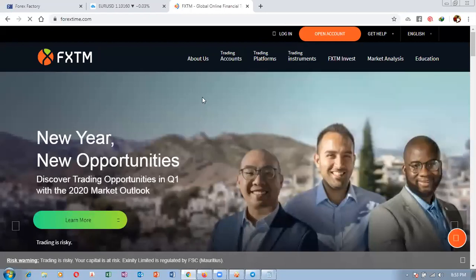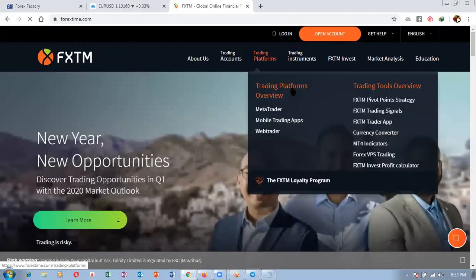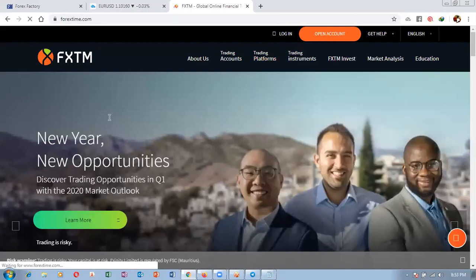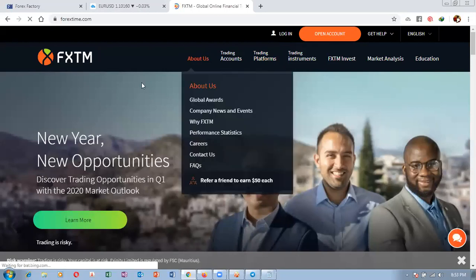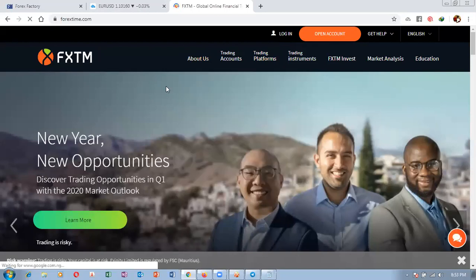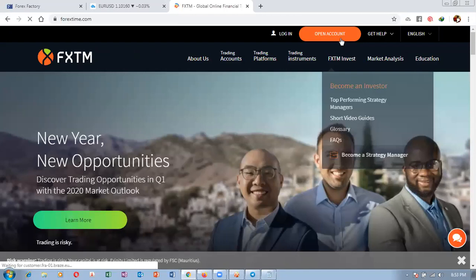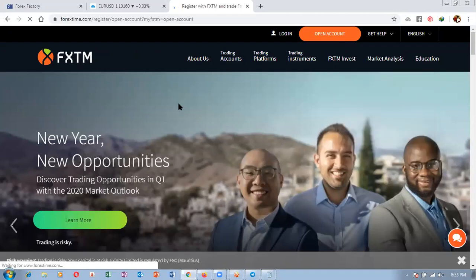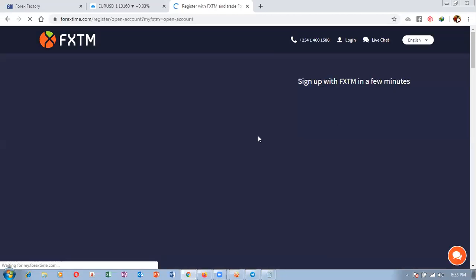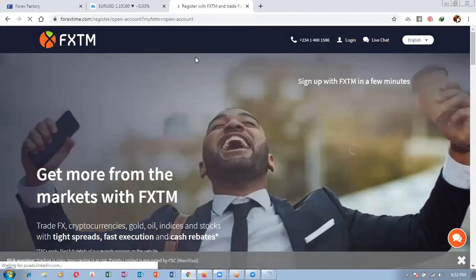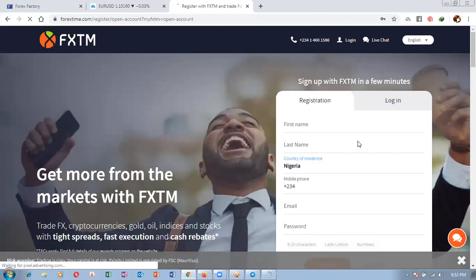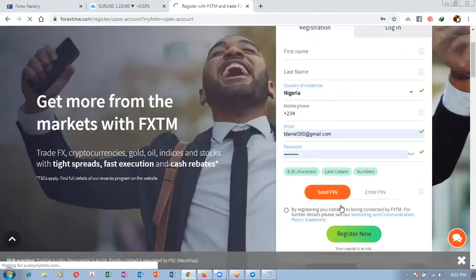This is what it looks like when you come into the financial market. Once you click on the link I sent to the group, this is how it looks like. Then you click on open account, open trading, open account, then fill in all the details here.